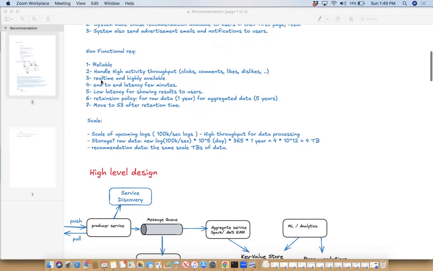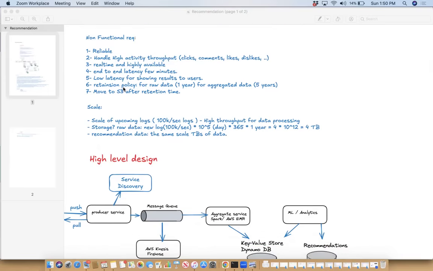When we see the word real time, in different systems it means something a little different. But in this system, it means collecting data and generating results should happen in a stream manner. That is stream processing. It's not a batch processing thing.